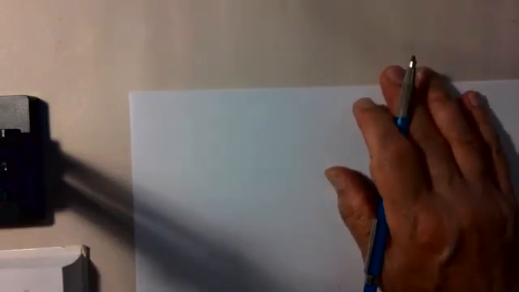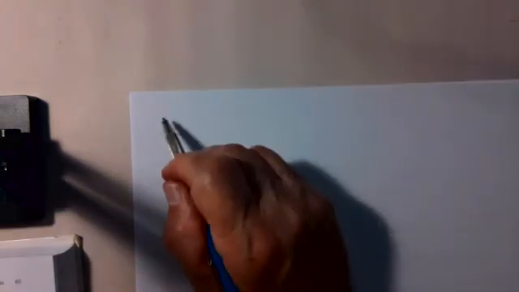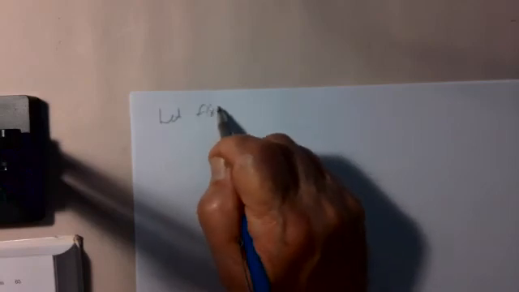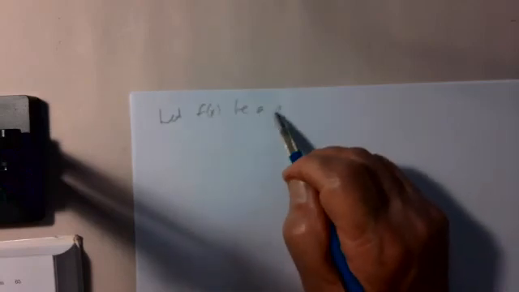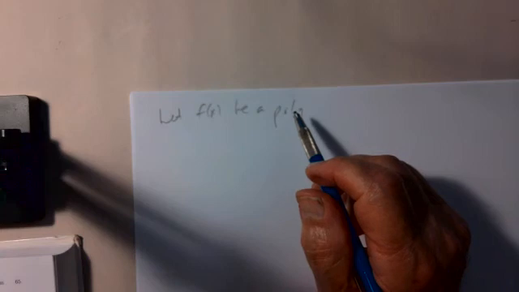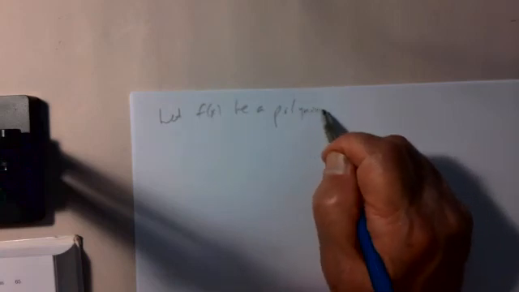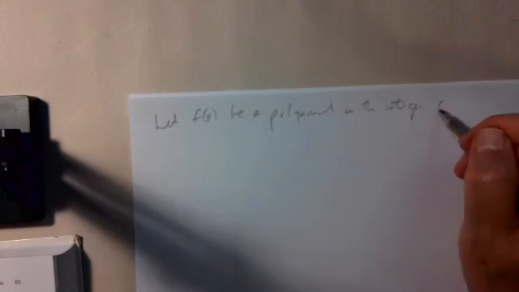So we can use the Chinese remainder theorem to at least reduce this. Suppose that f of x is a polynomial with integer coefficients, like x squared plus 1.